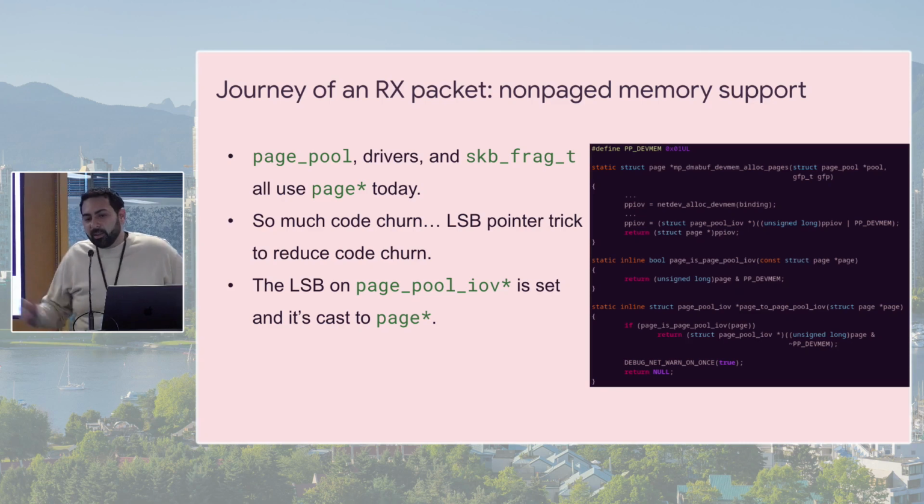The code snippet on the right is an example of this. In the first function, the memory provider allocates an IOV, sets the least significant bit, casts it to a page pointer and returns it. Then other code can check if it's really an IOV and do some special handling or get the page behind it if it's an IOV.